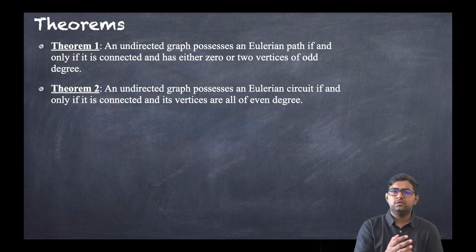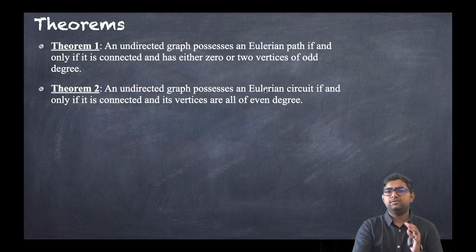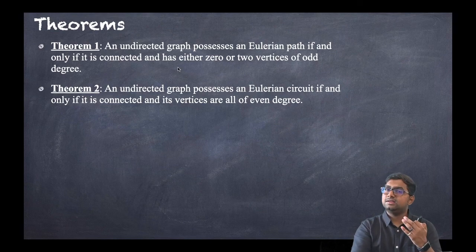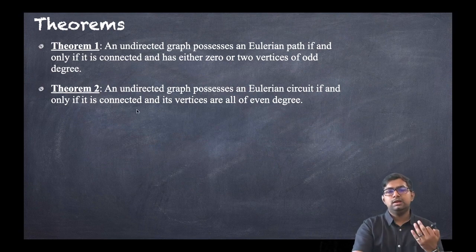In the previous one it was for Eulerian path, now this one is for Eulerian circuit, if and only if it is connected and its vertices are all of even degree. So for Eulerian path it has to be connected and has either 0 or 2 vertices of odd degree, and for Eulerian circuit it should be connected first and then all its vertices are of even degree.